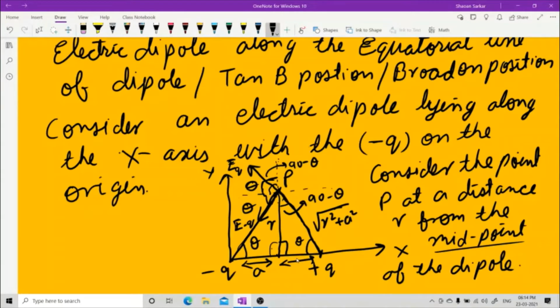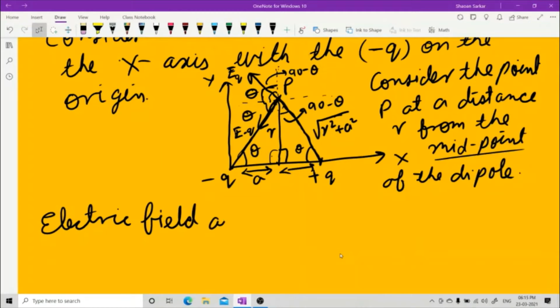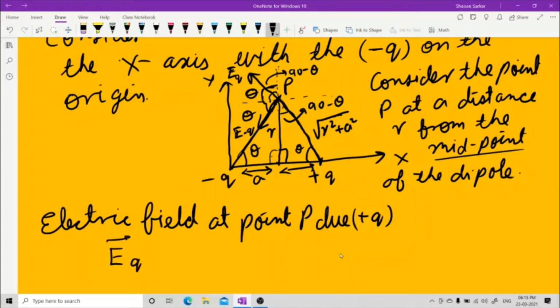Now, the electric field at point P due to plus q is E plus q equals 1 by 4 pi epsilon naught, q upon, take the square of this, so this becomes r square plus a square.